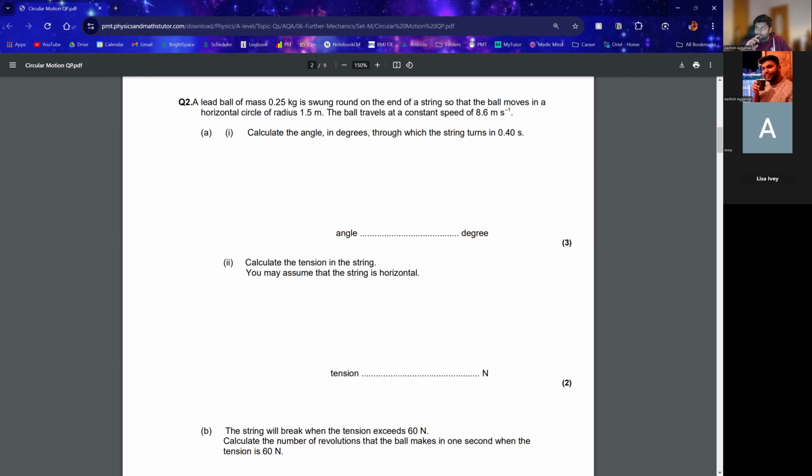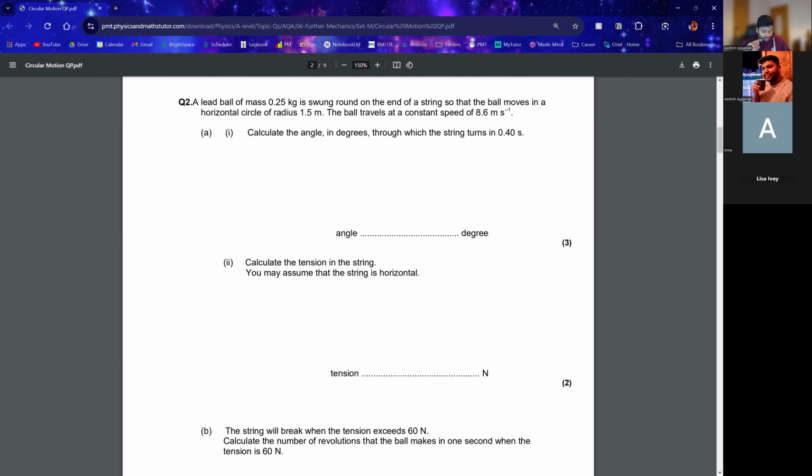I'm not sure. But would the answer be something like 8.6 into 0.4? Or is that completely wrong? That's somewhere involved.